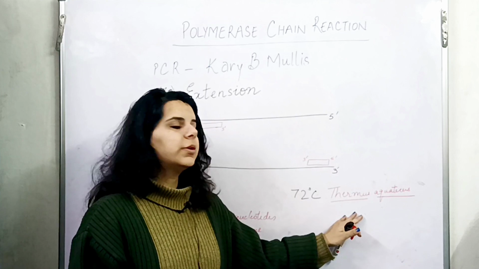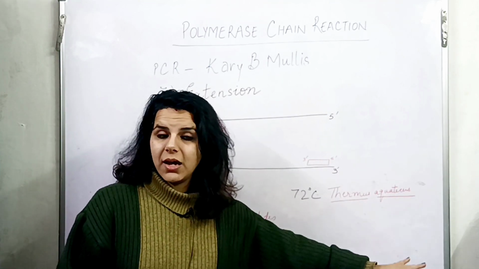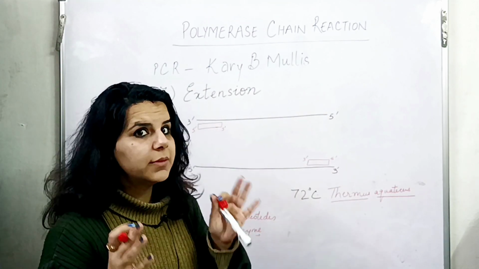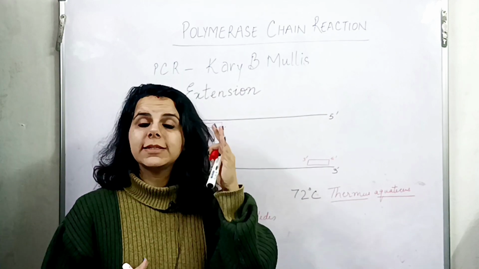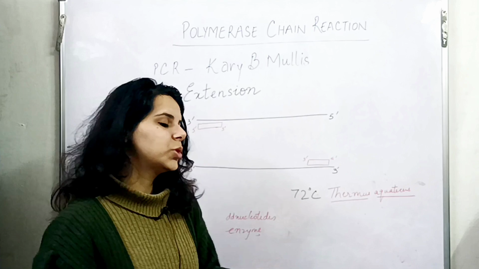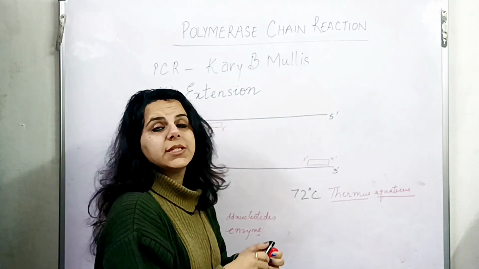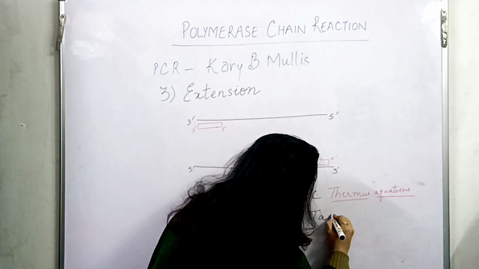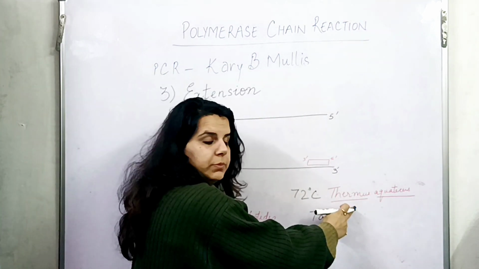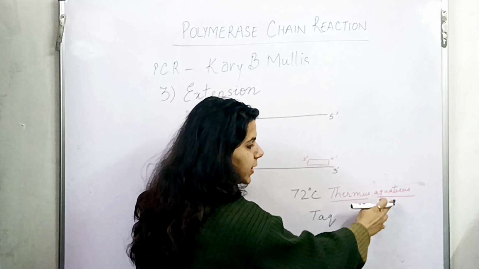And this bacteria synthesizes a DNA polymerase that is thermostable, that is, it is stable at a very high temperature. And the name of this particular DNA polymerase enzyme is Taq polymerase. T stands for Thermus and AQ stands for aquaticus.